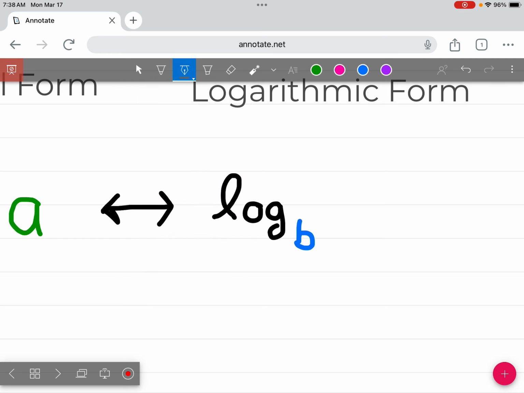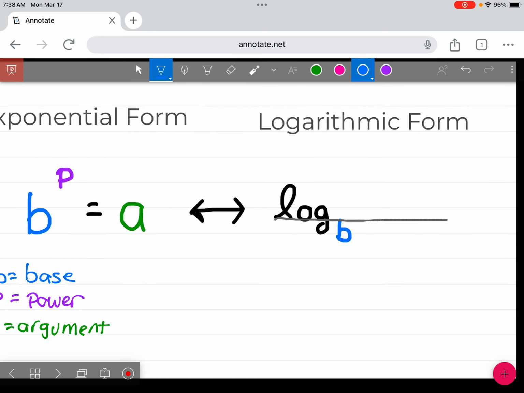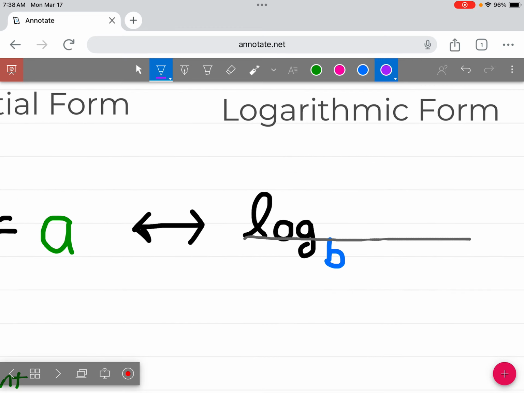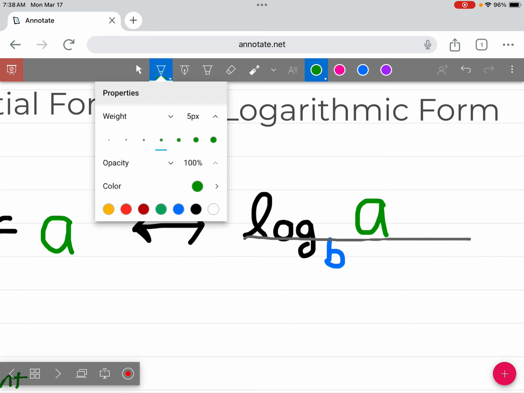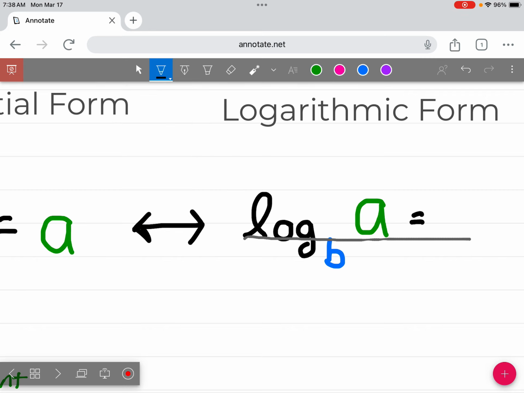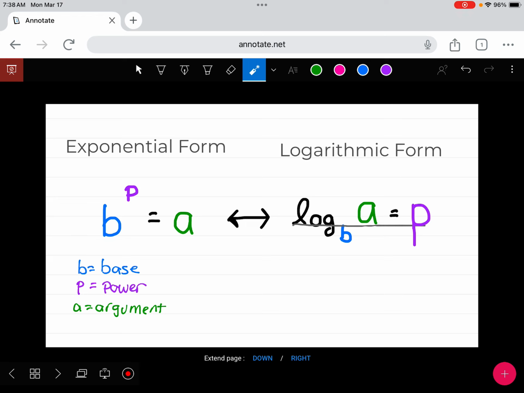Normally we write it on a line like this. But it's log base b, and then it's going to have another number behind it of a, equals our power. So what's happened is what was an exponent is now in the main line of the problem. And it's going to be something that we can solve for.